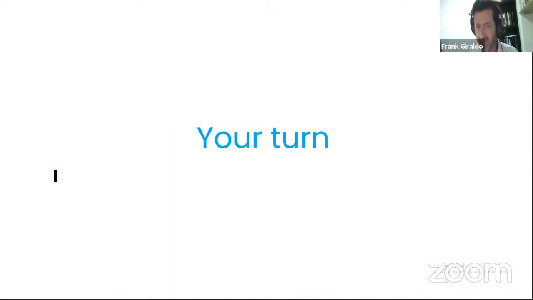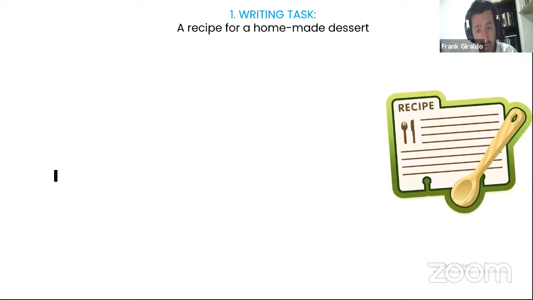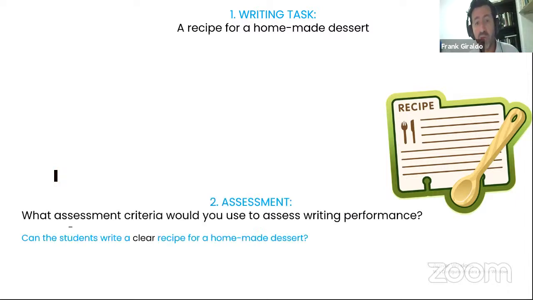So now you guys have a turn. I'll show you a task, and on that piece of paper, you're going to think of what you would assess in a recipe. So your students are going to write a recipe. What would you assess? It's a recipe for a homemade dessert.